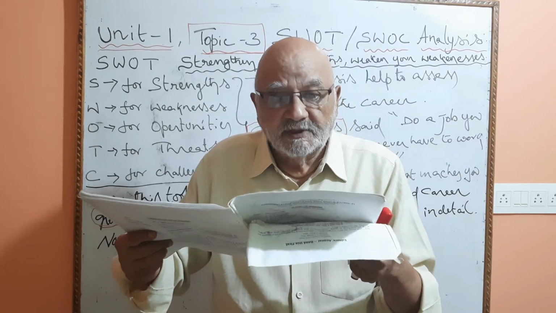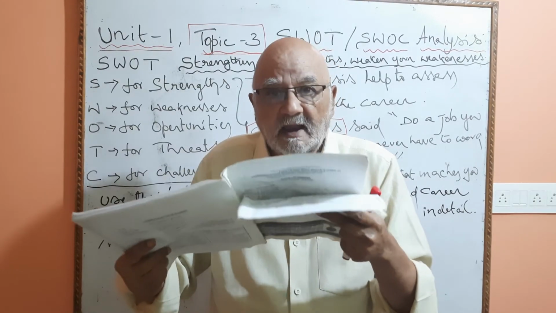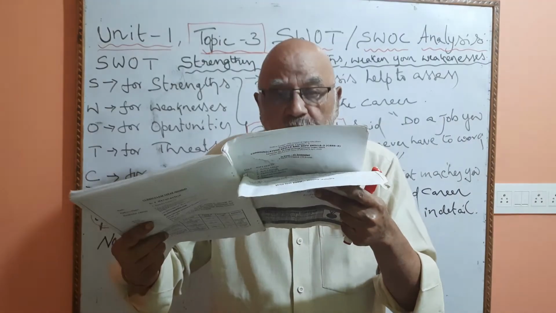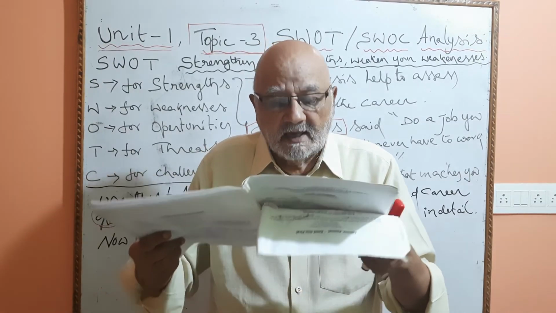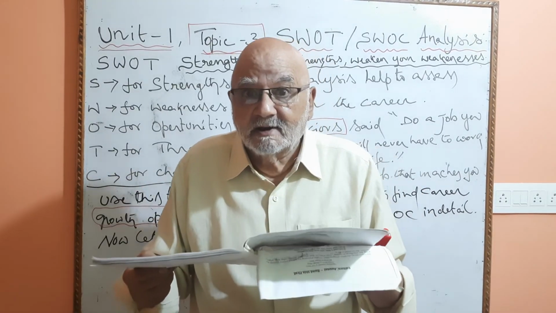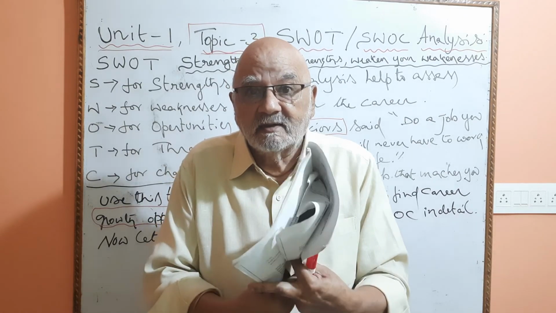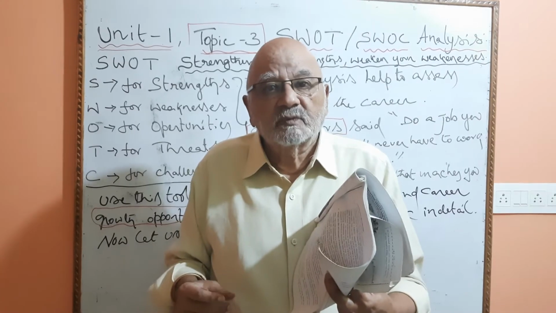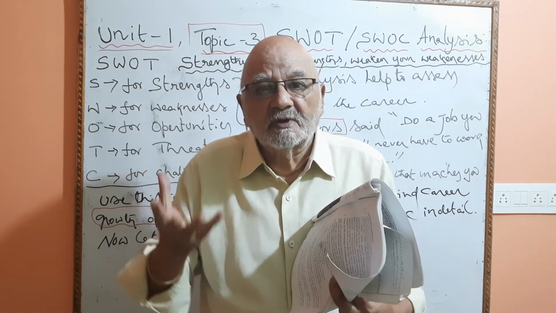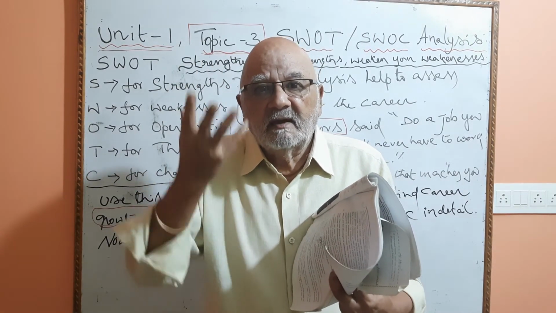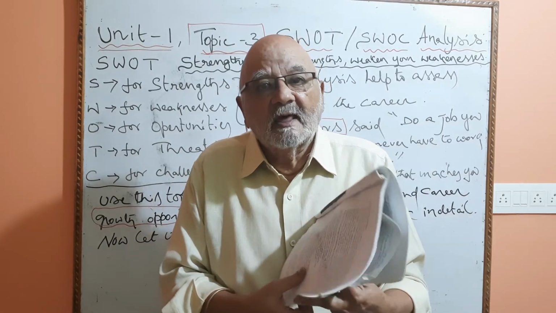Next, opportunity. See the ladder. To climb the ladder to the top position, you must use your suitable opportunities in your life. Last but not least, threats are like atom bombs, homemade bombs. Suddenly they explode and create a big damage in your life.